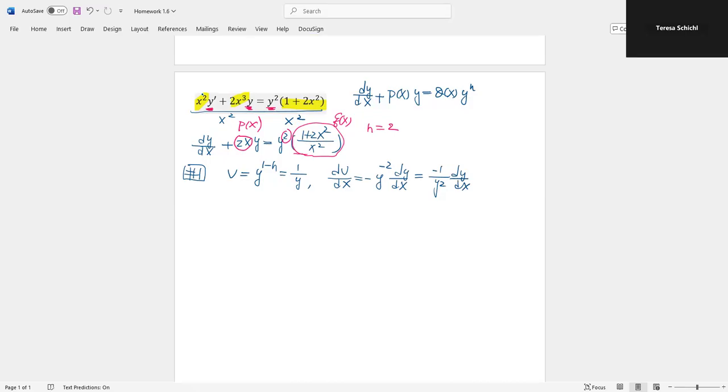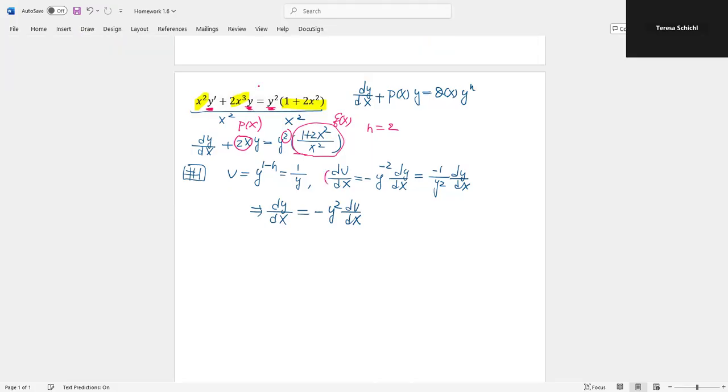So the next step is I want to replace the dy/dx, so I want to isolate the dy/dx. The dy/dx will just be dv/dx times negative y squared.